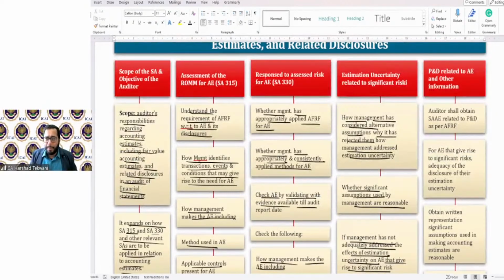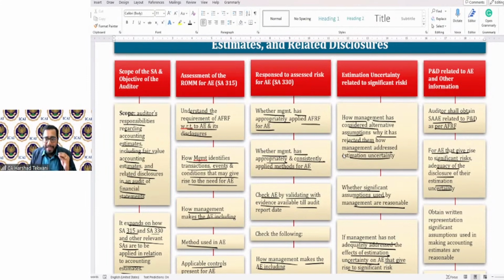Then comes the disclosure part. As an auditor, I shall obtain sufficient and appropriate audit evidence related to the presentation and disclosure of the accounting estimate as per the financial reporting framework. For accounting estimates that give rise to a significant risk, adequacy of disclosure of estimation uncertainty is a must.